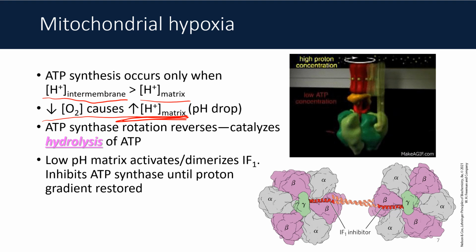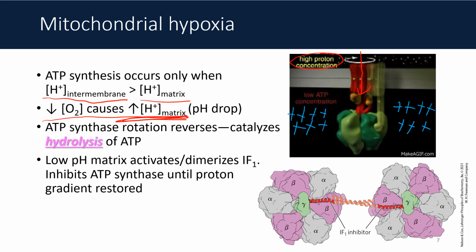When the proton concentration is high in the intermembrane space, that is going to induce one kind of rotation of the rotor of ATP synthase in a way that's going to catalyze the formation of ATP. However, when we are hypoxic, that is going to cause protons to accumulate on the matrix side instead.